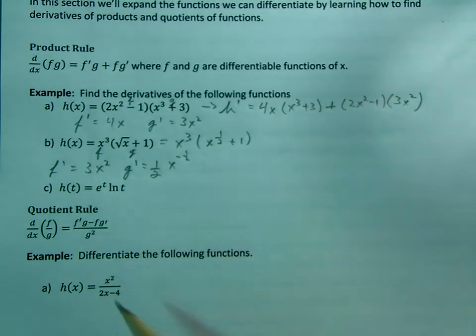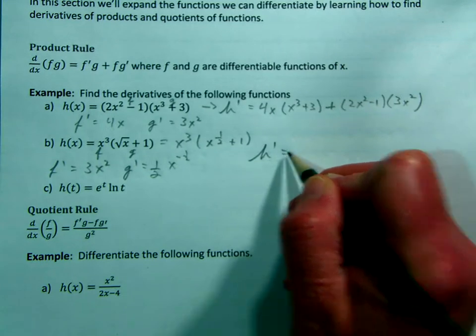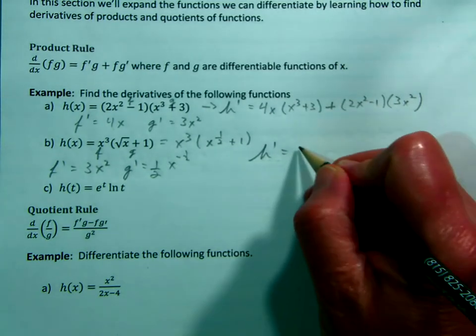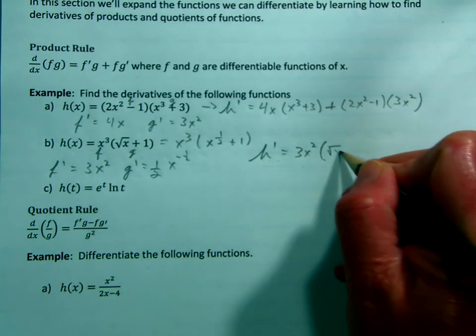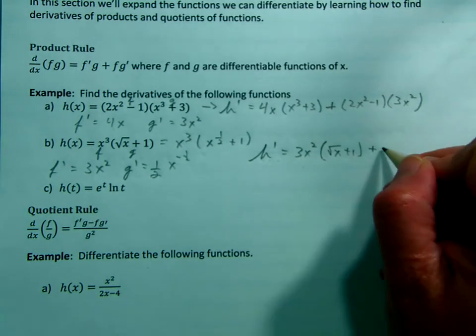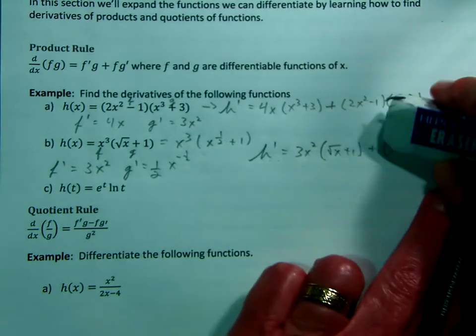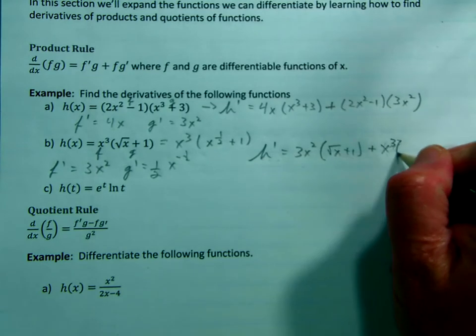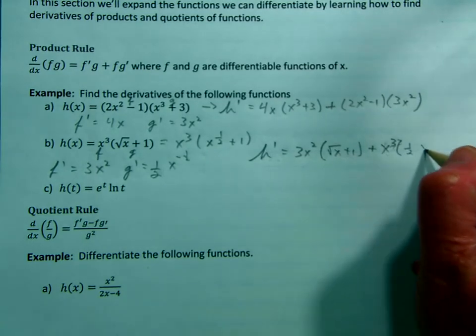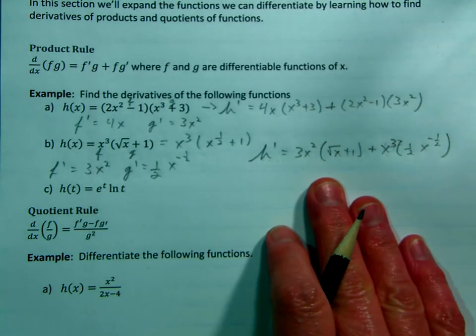So now we have all the pieces we need for our derivative. h prime is the derivative of the first times the second plus the first times the derivative of the second. And for our purposes, this is sufficient.